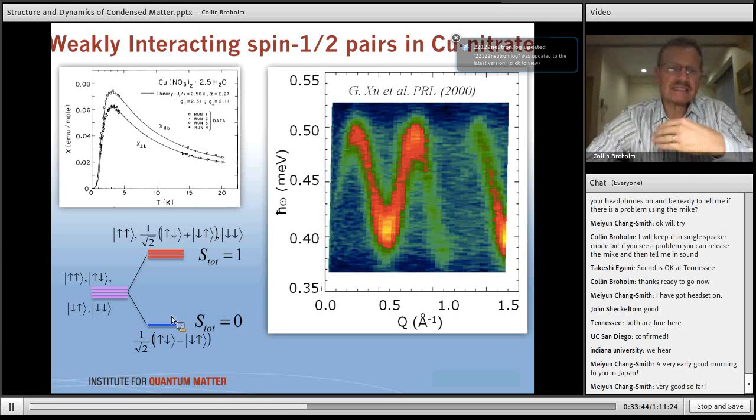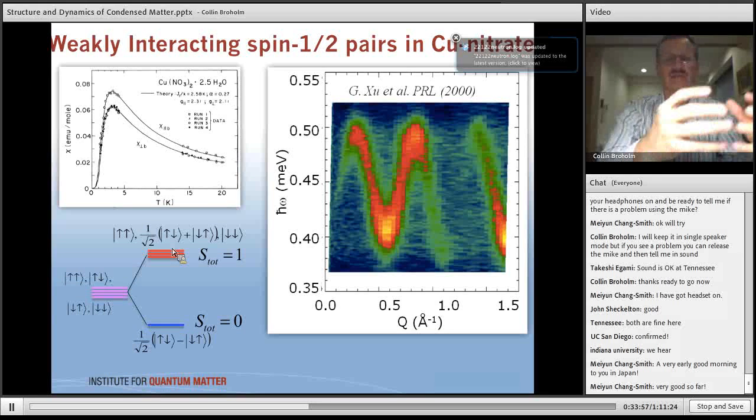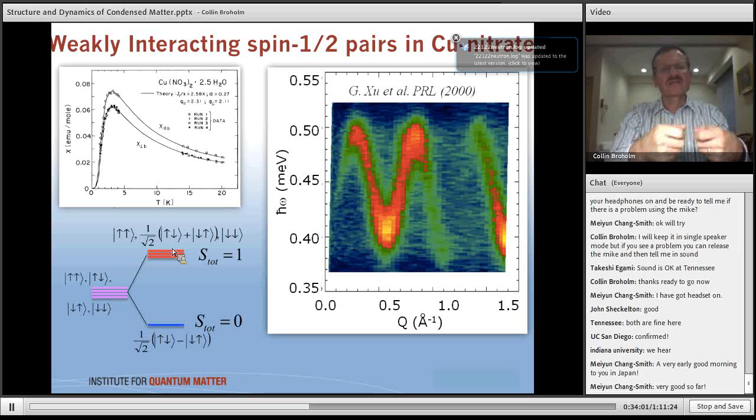And so the basic excitations that we're going to see are ones in which the neutron delivers angular momentum and makes a transition between a spin equals 0 and a spin equals 1 quantum state of this pair of copper atoms. But there are, after all, some interactions between the pairs, and this means that when I create a triplet excitation in one particular location, it will not actually remain fixed there.